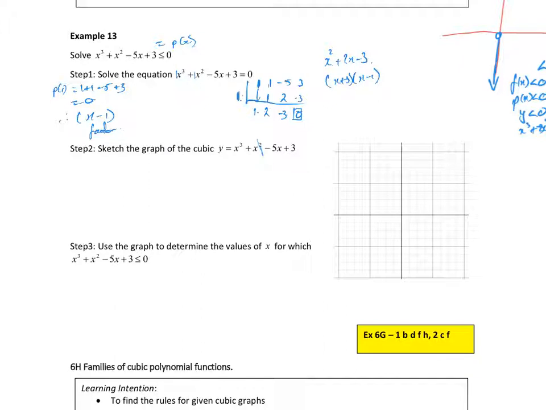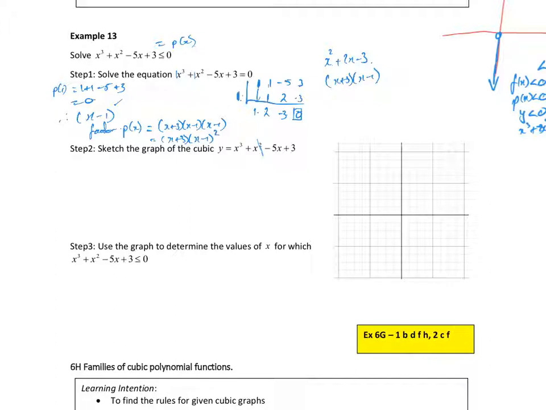So that means my equation can be written as x plus 3, x minus 1, and another x minus 1 from the start. So it's equal to x plus 3, x minus 1 squared.